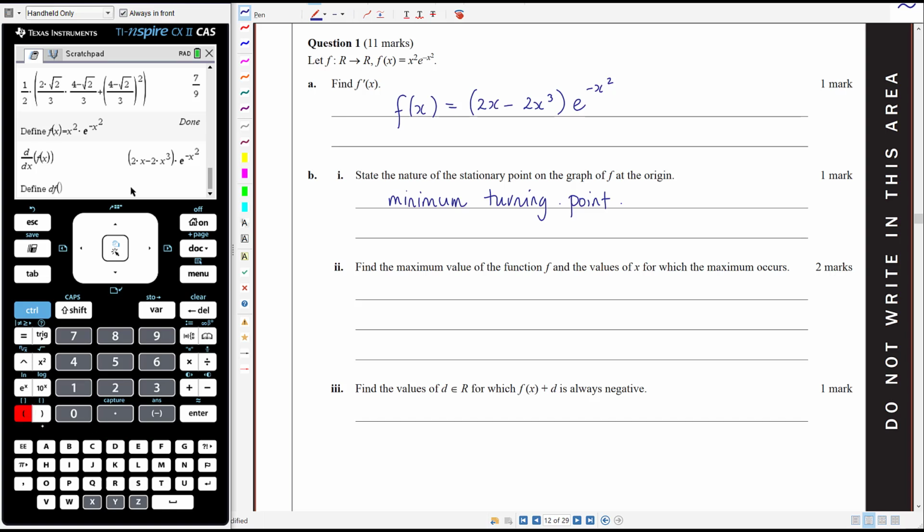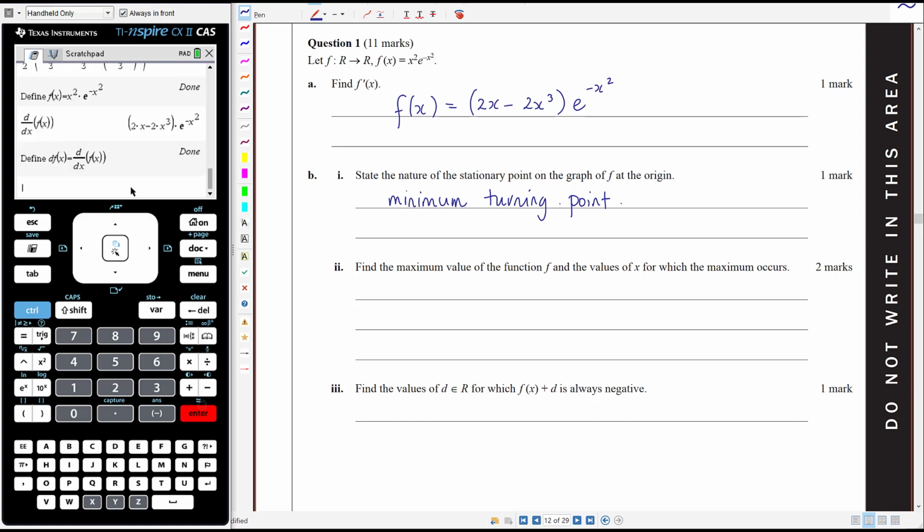If my original function was called f of x, I define its derivative as df of x. And we'll make that equal to that. Okay, just makes it easier to work with the derivative, particularly if you're trying to substitute into the derivative at any point. So solving the derivative equal to 0, equal to 0 for x.